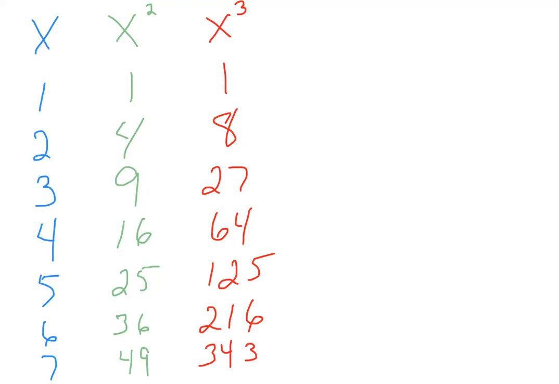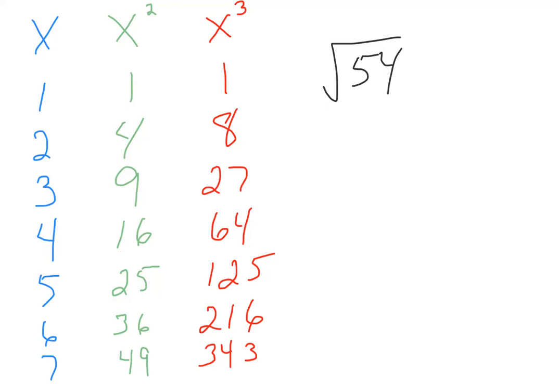Reason why we focus on these is because in a previous video, I talked about how you can use your calculator. Well, what's the square root of 54? You can key that into your calculator, and you're going to find it's not an exact number.